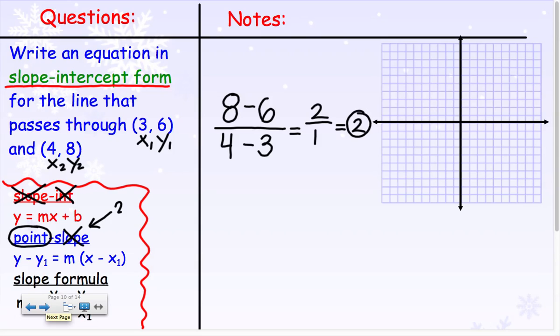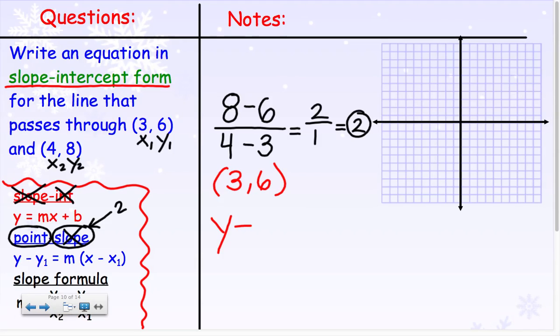So now I have a point and I have a slope, so I can put it in point-slope form. I'm given 2 different coordinate points, (3, 6) and (4, 8). You can choose which one you want to use. Either one will get you the same slope-intercept equation in the end. I usually choose the one that has positives, which in this case, both of them have, so I'll just pick (3, 6).